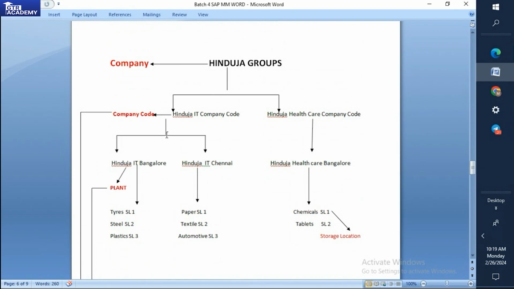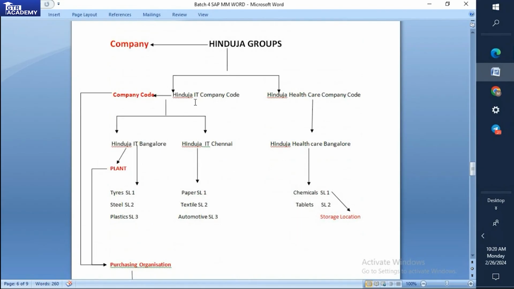It won't be the reverse. Under one company code you can have multiple plants, but under one plant you can't have different company codes.